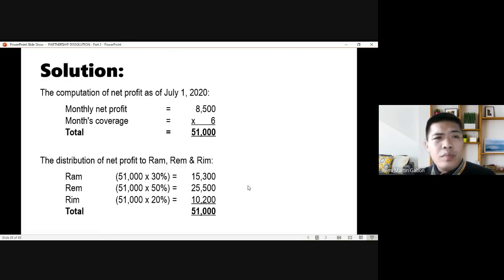So the computation of the net profit as of July 1, 2020. Net profit of 8,500 per month times 6, so that would be 51,000. The distribution of the net profit would be RAM 15,300, for REM 25,500, and for RIM 10,200.